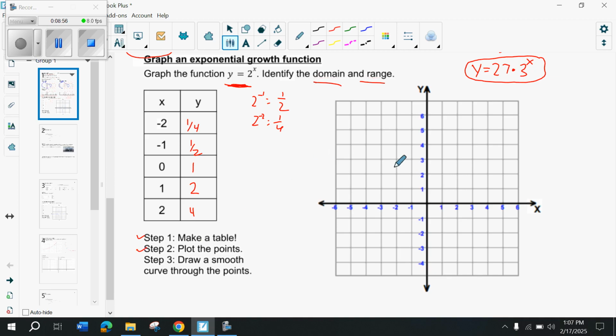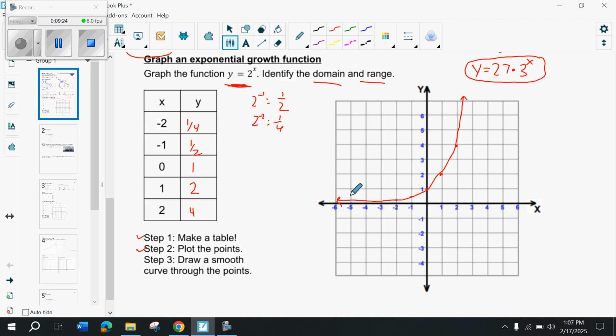Negative 2, 1/4 is going to be about right there. Negative 1, 1/2 is going to be right about there. 0, 1; 1, 2; and then 2, 4. Notice that my graph is going to go up really quickly, and it's also going to come down here.